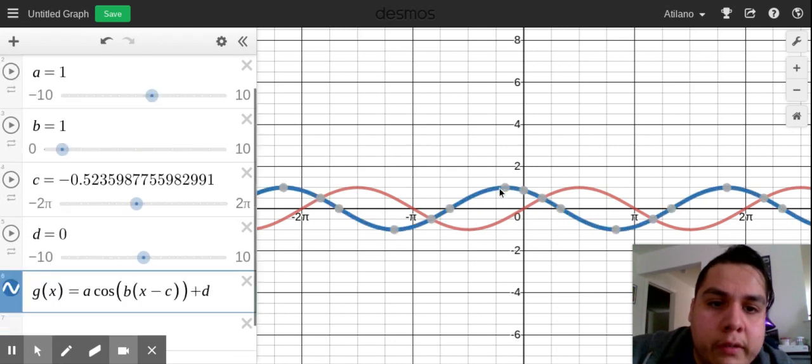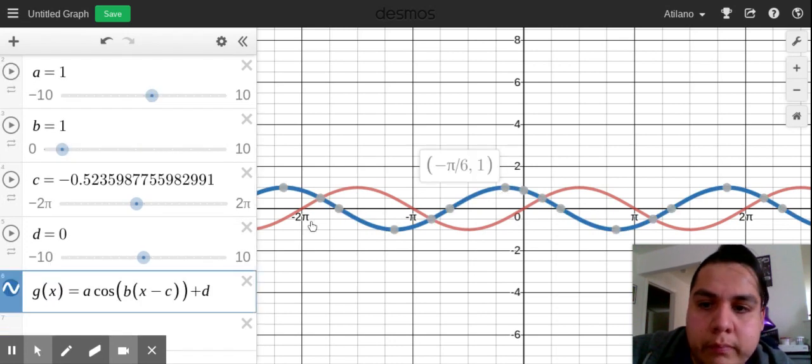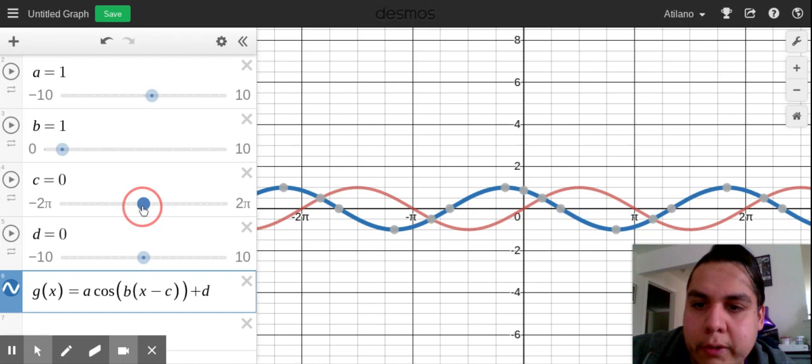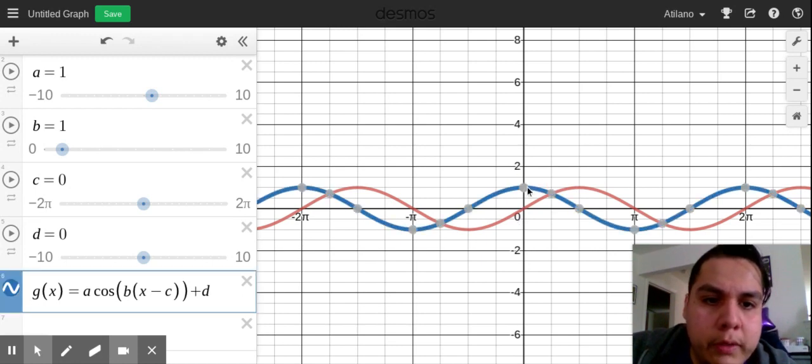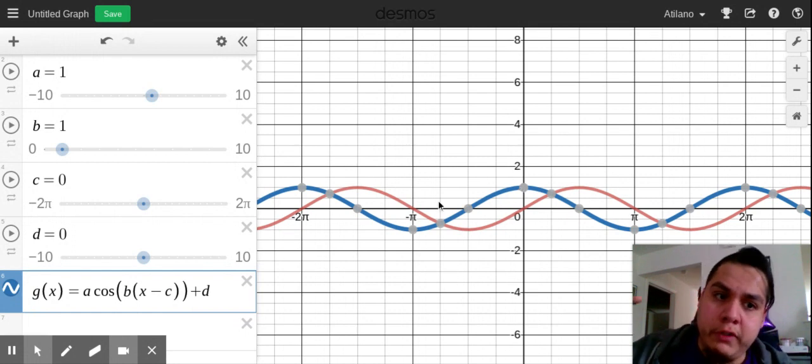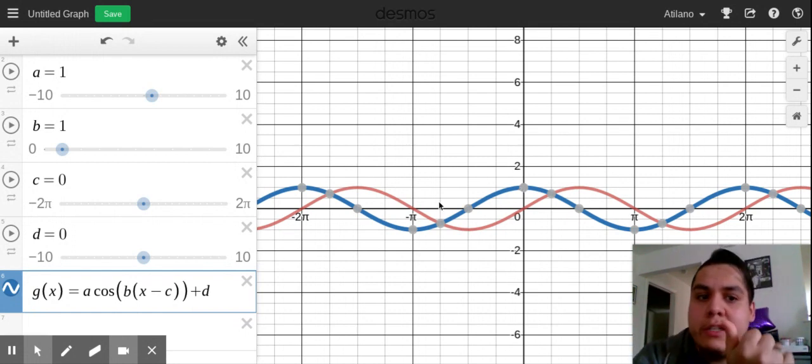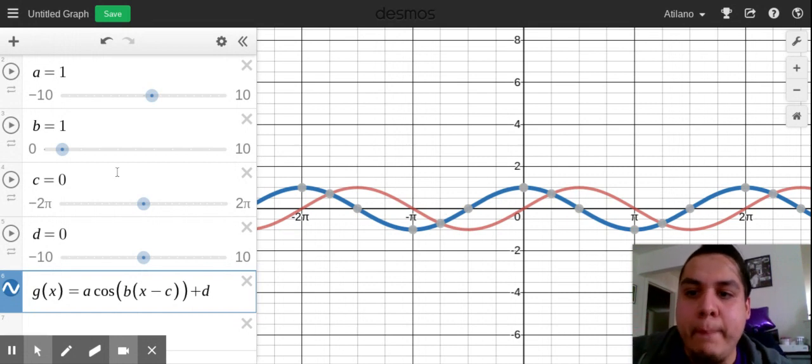If I want cosine, move this back to 0. If I want cosine to turn into a sine graph, right? I want the blue to move to the red areas to overlap it completely. I need it to move to the right, which means I need to subtract a positive amount.